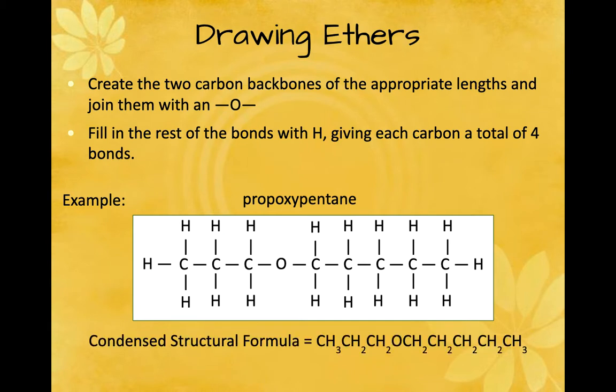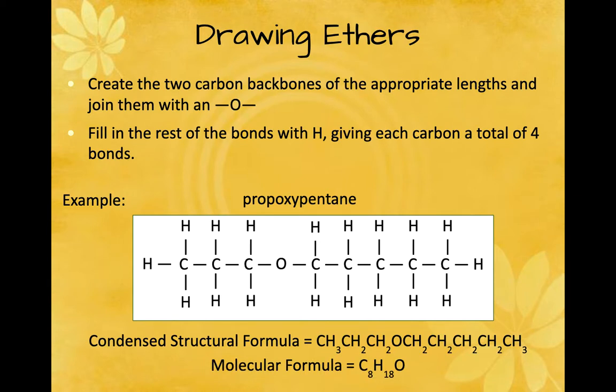Again, we can also use the condensed structural formula because drawing all those H's gets a little bit cumbersome. In this case, you just add the O in where it belongs: CH3, CH2, CH2, O, and then CH2, etc. Or we can also give the molecular formula.